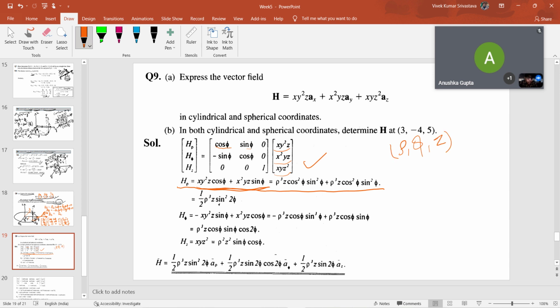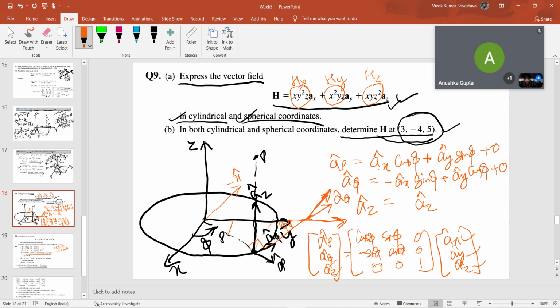So you can replace x, y and z in terms of rho, phi and z. x can be replaced by rho cos phi. I am determining this x from this figure only. If this is rho, you take the projection of rho along x, which equals rho cos phi, because phi is the angle between these two.